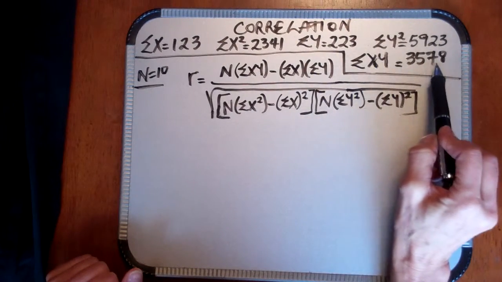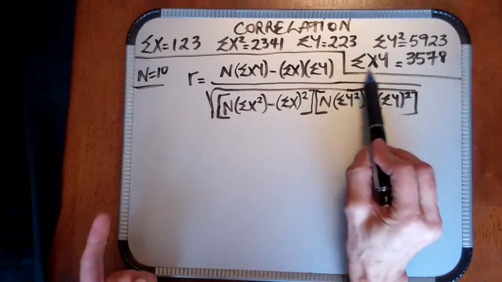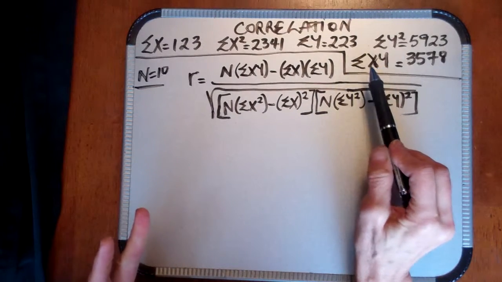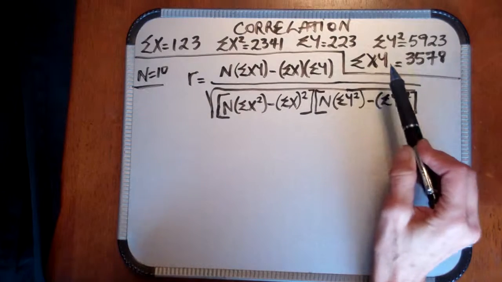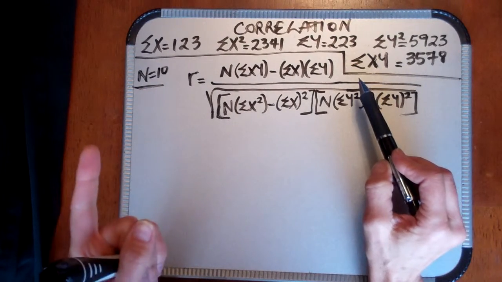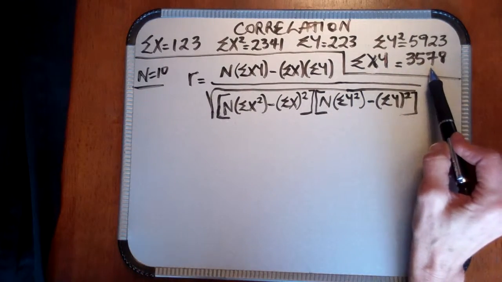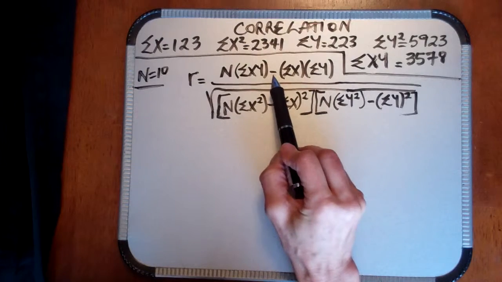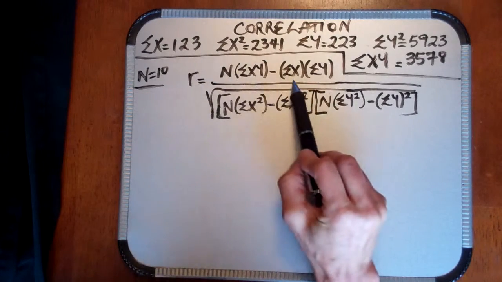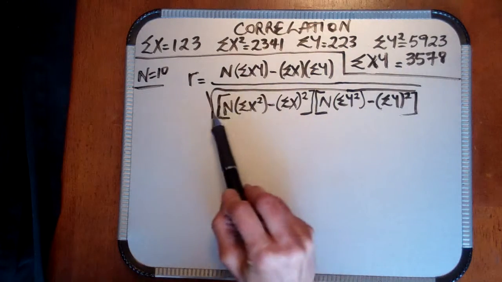So this value comes from multiplying the subject's attention score times the subject's radar detection sensitivity score, right? And if you multiply each subject's x times each subject's y, and you add those together, you get the sum of the xy's. And you're going to then subtract from that the sum of the x's times the sum of the y. Very easy, all right?